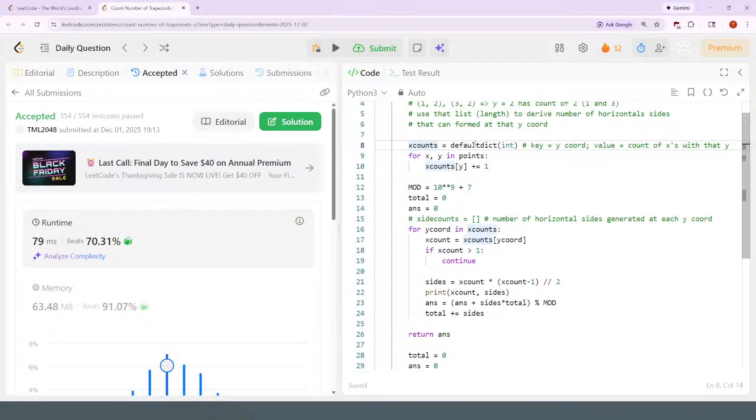X counts as default dictionary, and then over the y coordinate. So it's not looping here. If x count is greater than 1. Oh, this is wrong. If x count is equal to 1, continue.